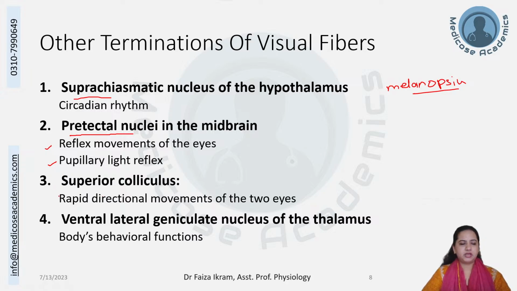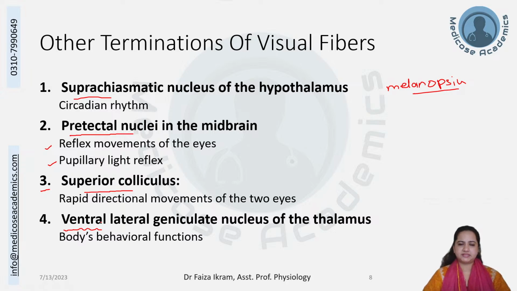Some of the fibers from the optic visual pathway go to the superior colliculus, which is involved in controlling the directional movement of the eyes. And lastly, instead of the dorsal lateral geniculate nucleus of the thalamus, some might go to the ventral lateral geniculate nucleus of the thalamus, which may be involved in the body's behavioral functions.